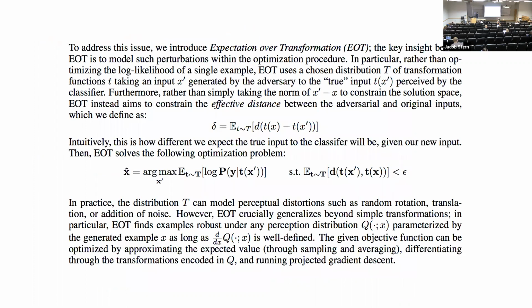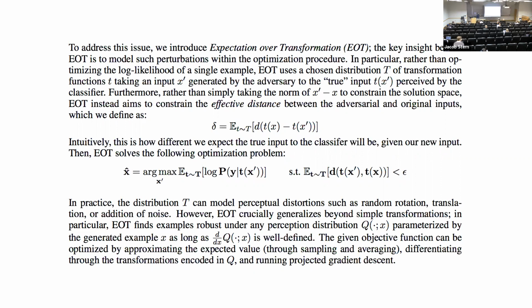And so to see if this was still possible, they designed their perturbations to fool the network under some transformation. So this is exactly the same as the original perturbation objective, except instead of x, we have t of x. So we're going to apply some transformation to our generated image.